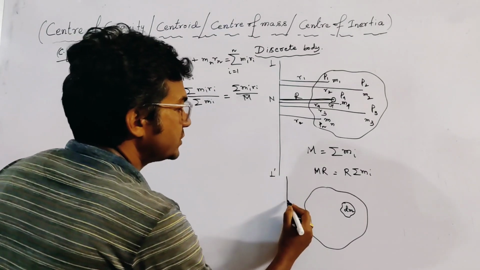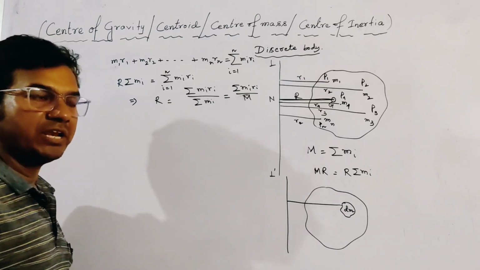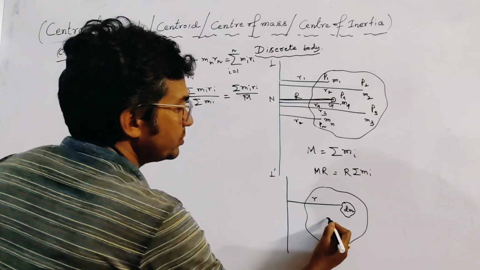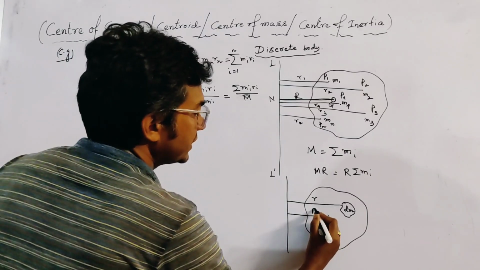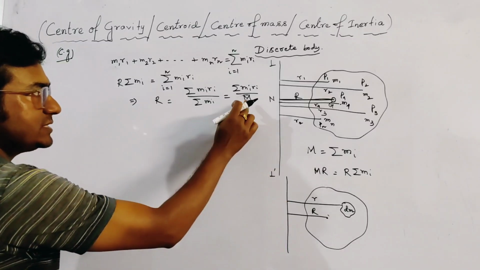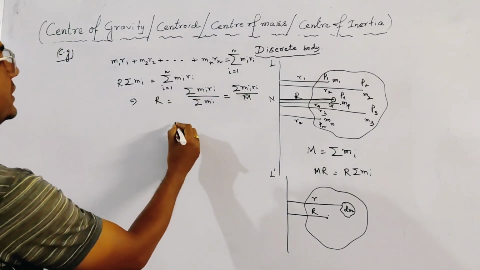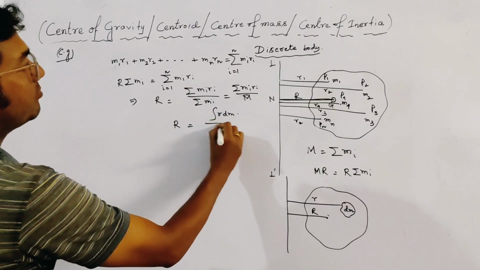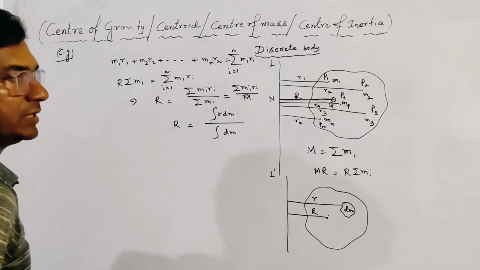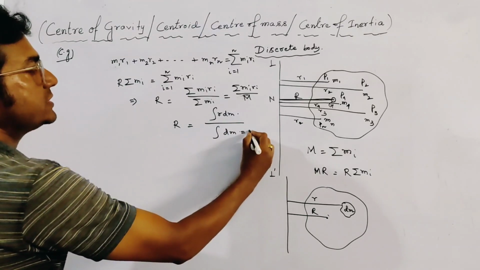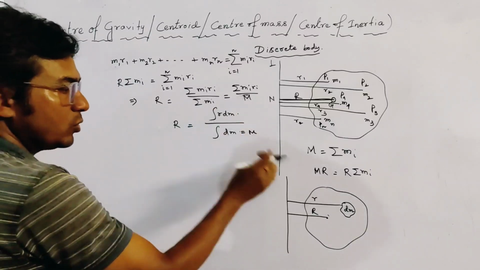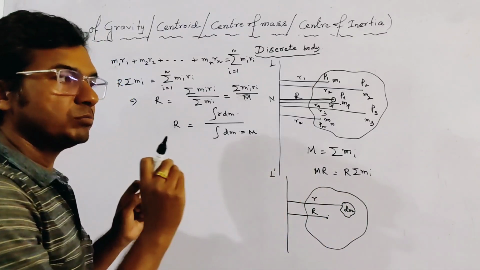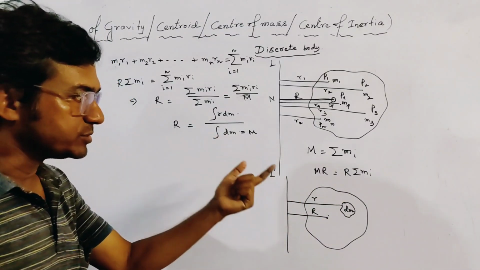So if the distance of this elementary mass is r and the distance of center of gravity is capital R, then this result can be written as R equals integration r dm by integration dm, where integration dm is capital M, over the whole mass.